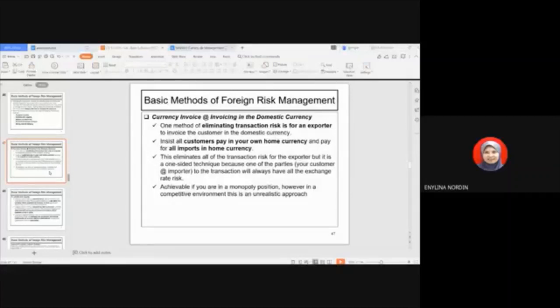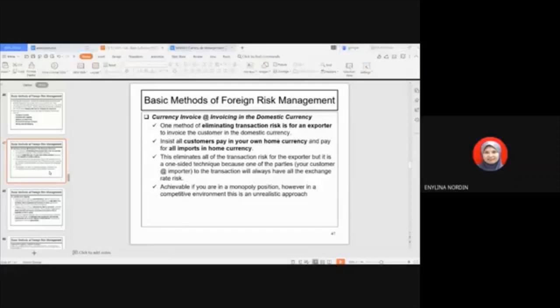So the objective of this strategy is to eliminate the transaction risk by transferring the risk to the foreign supplier or to the foreign customer.